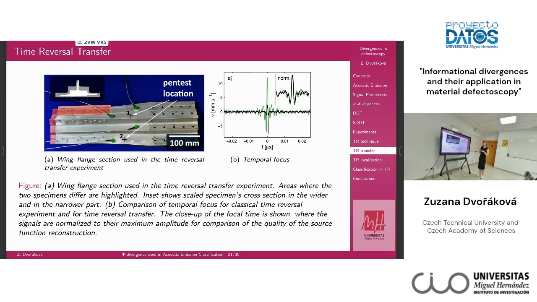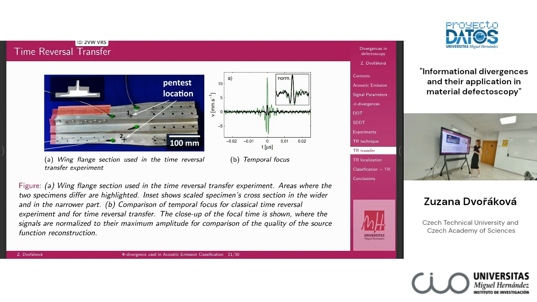The question was if the time reversal will focus again at the source position. And we found out that it's possible if we do the forward propagation on the original part of the material, and also the backward.